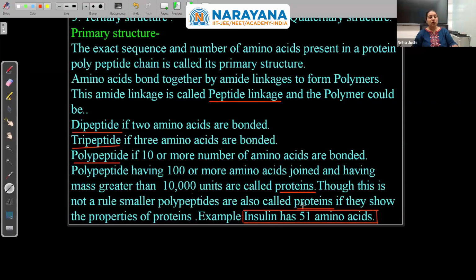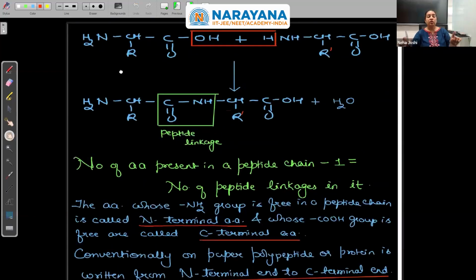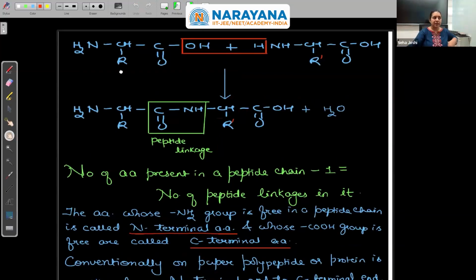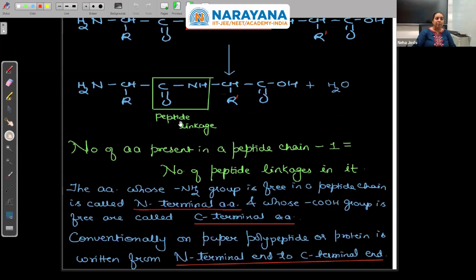Example, insulin has only 51 amino acids. And it says more than 100 amino acids here, no? But insulin is called protein, right? Whenever 2 amino acids combine, the acidic part and the amine part react, removing water. So we got this amide linkage. Okay, this amide linkage we call peptide.